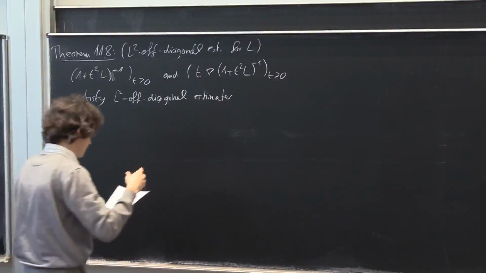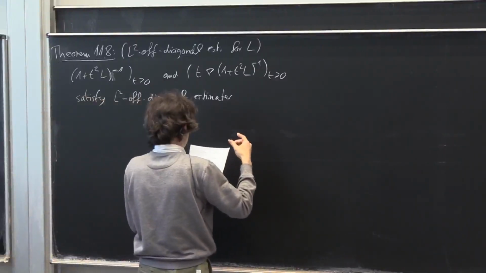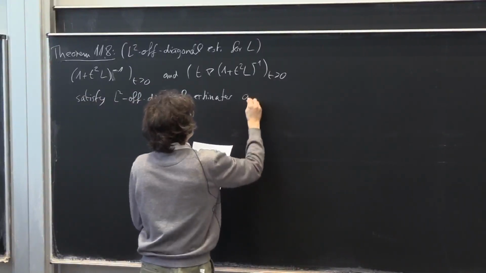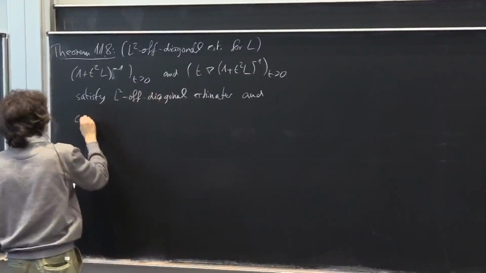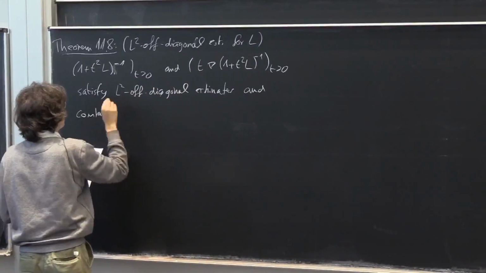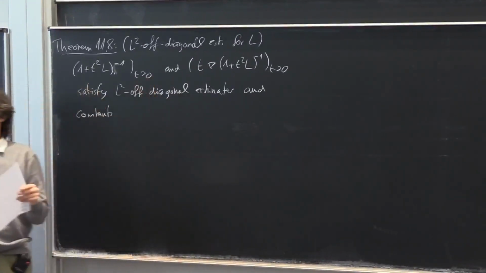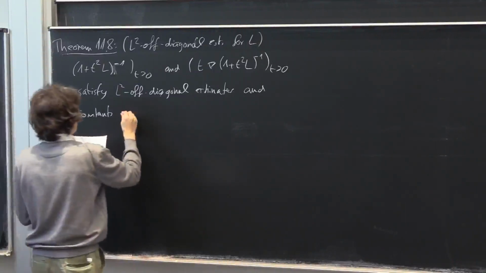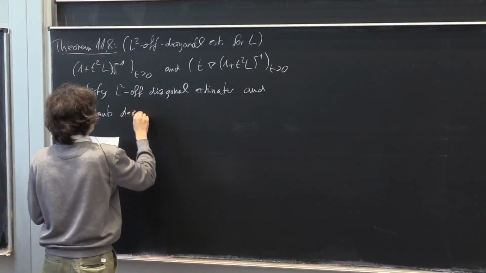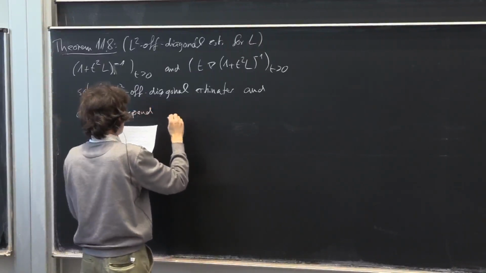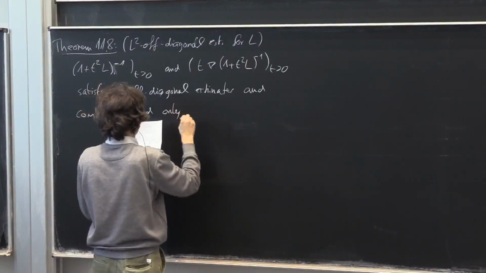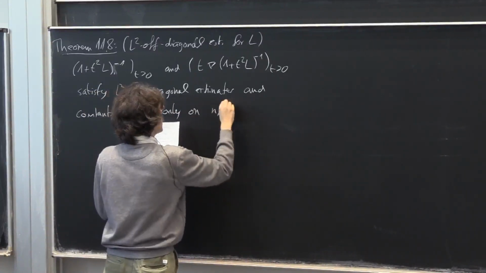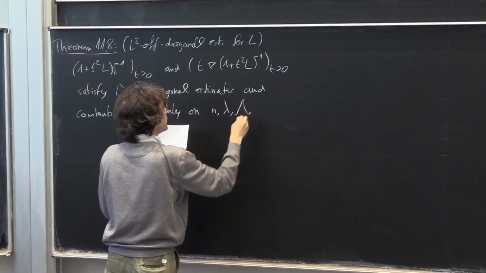And the good news, which is worth writing down, is that these constants, obviously, depend on the operator L, and in particular on the coefficient matrix A. But the only characteristic numbers of the coefficient matrix that go into play are the ellipticity constants capital lambda and small lambda.